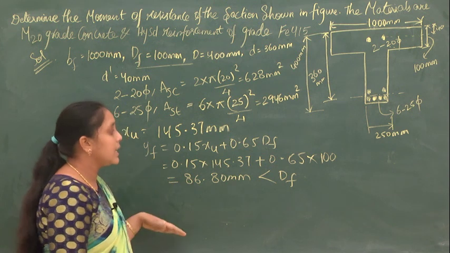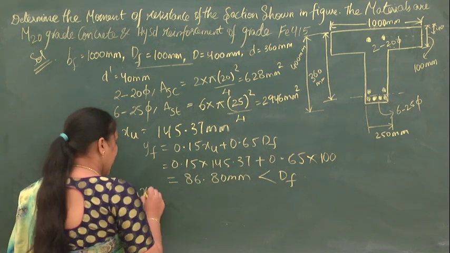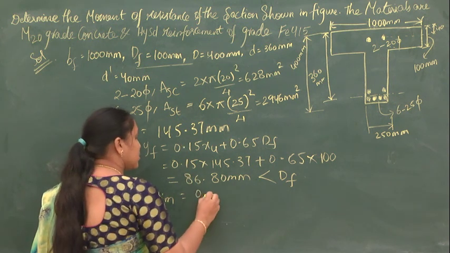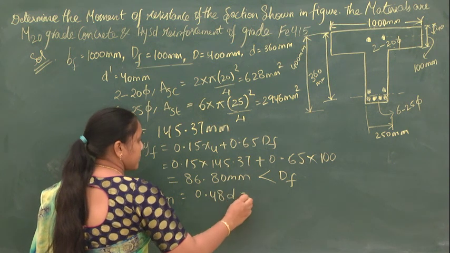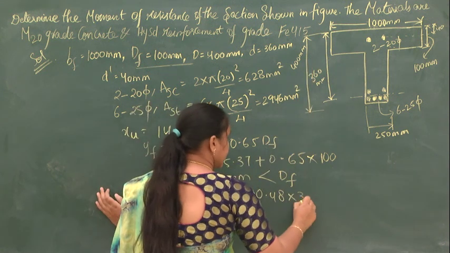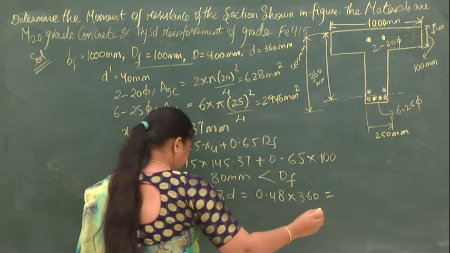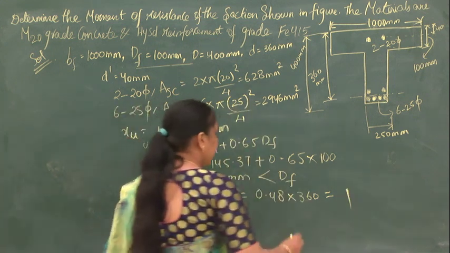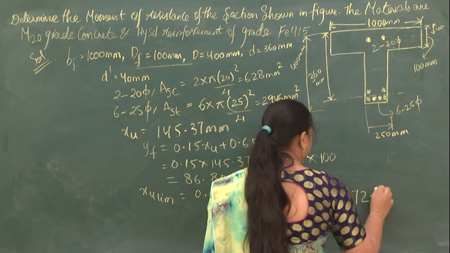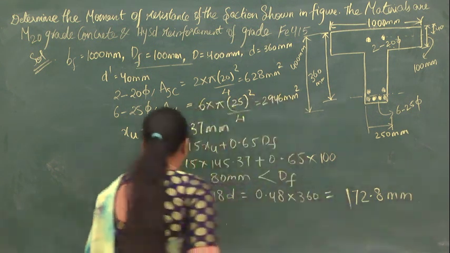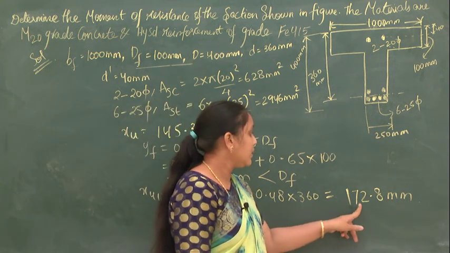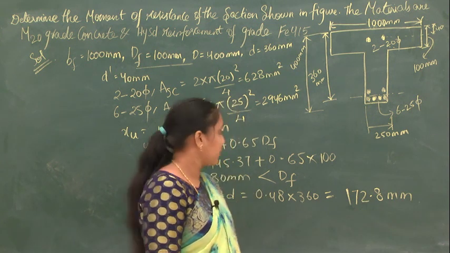So now after calculating this, what is the next step? We have to calculate the XU limit. So for Fe 415 grade, what will be the XU limit? It is 0.48 into D. What is the value of D here? It is 360 mm, which will give you 172.8 mm. So the XU limit value we have got here is 172.8 mm.